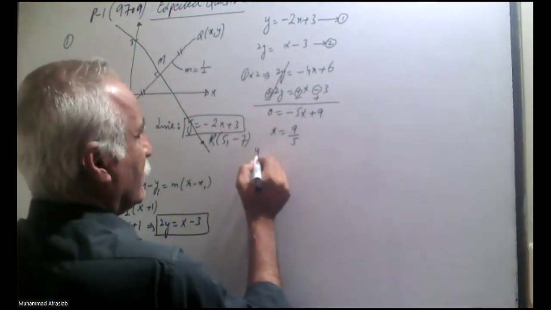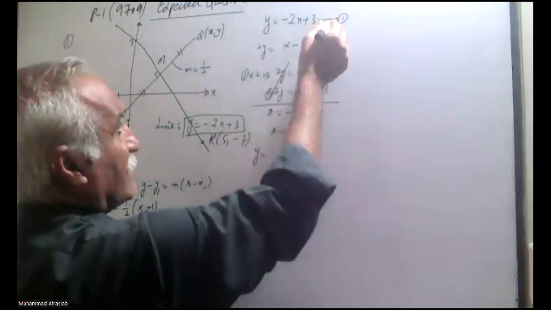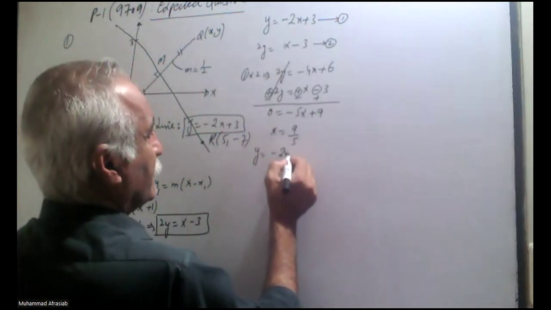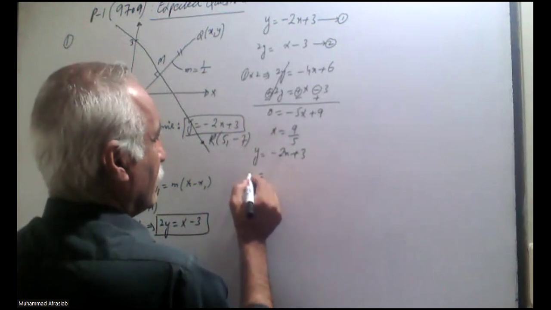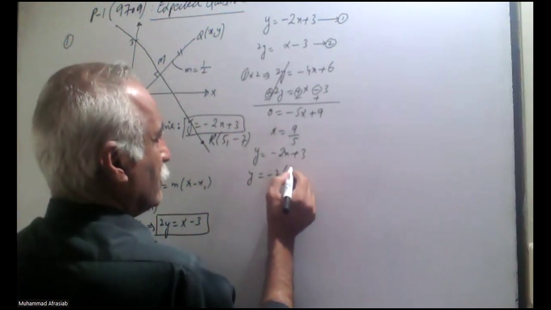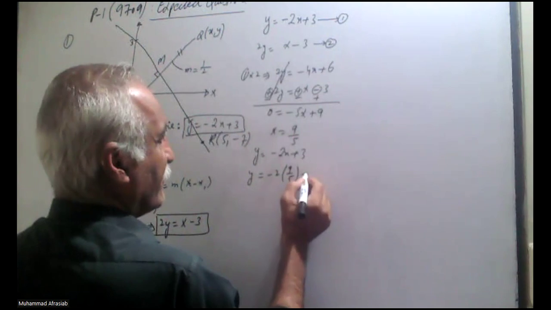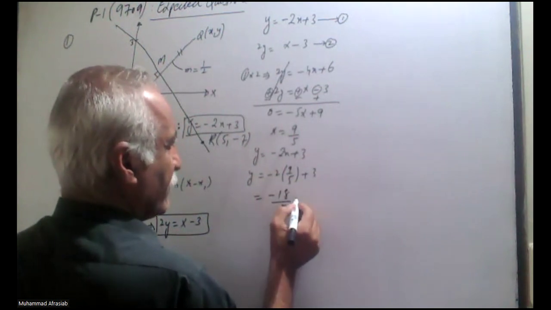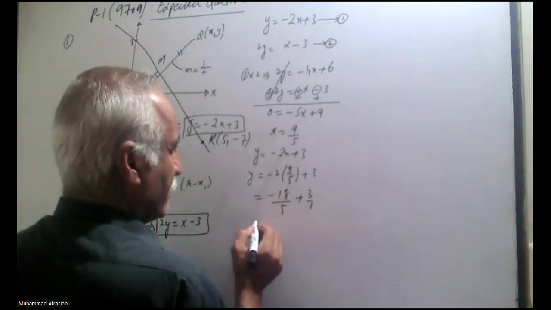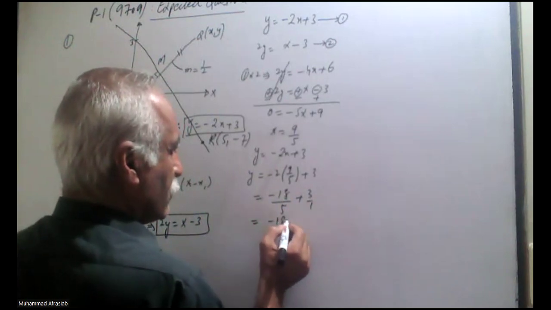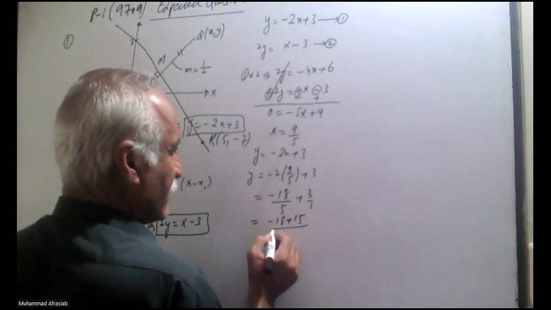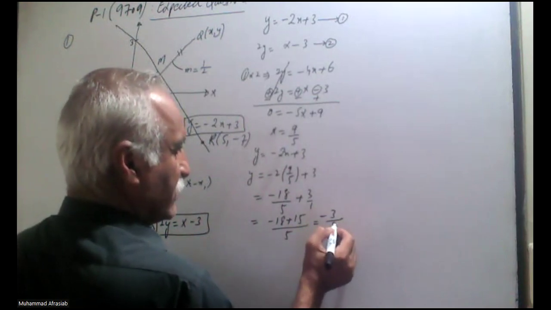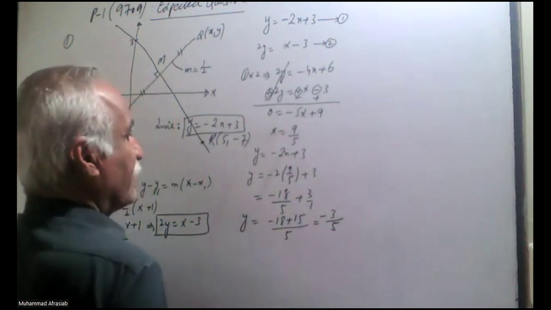And for the y coordinate, we can put in either of equations 1 or 2. So y = -2x + 3, or y = -2 into 9 over 5 plus 3, that is -18 over 5 plus 3, which is (-18 + 15) over 5, or -3 over 5.